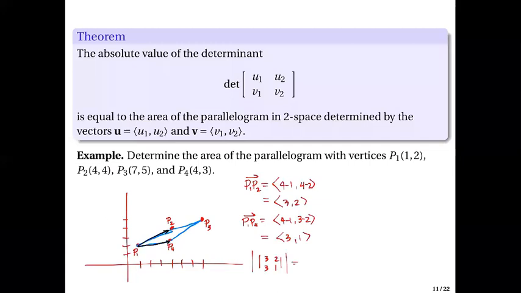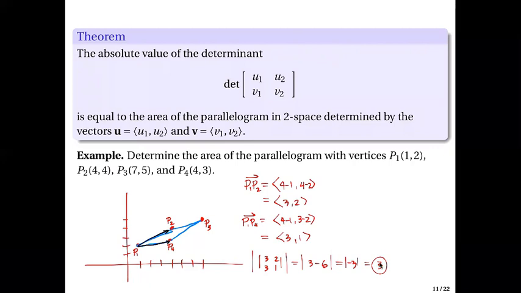This is equal to the absolute value of 3 times 1 minus 3 times 2, that's 6 here. And this is equal to the absolute value of negative 3, which is 3. So the area of this parallelogram is equal to 3.